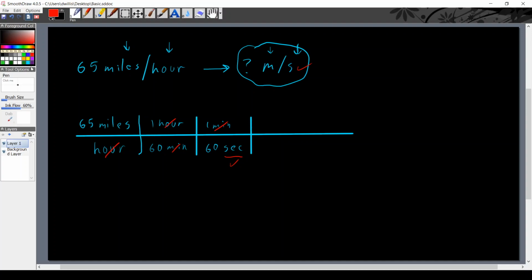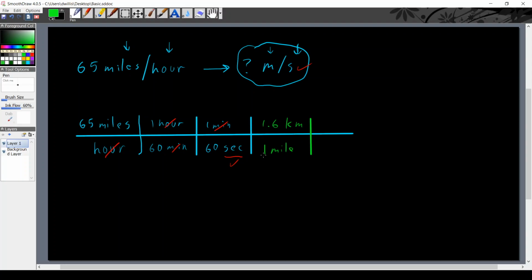But now we need to go ahead and convert the miles into meters. All right, so let's see. I happen to know that 1 mile is equal to 1.6 kilometers.